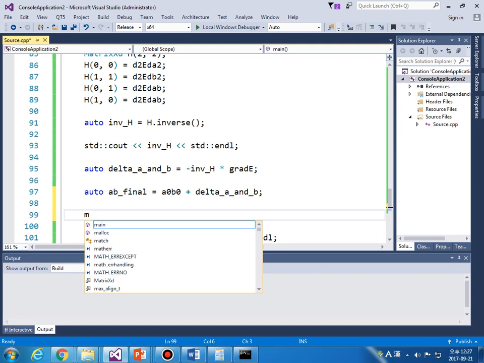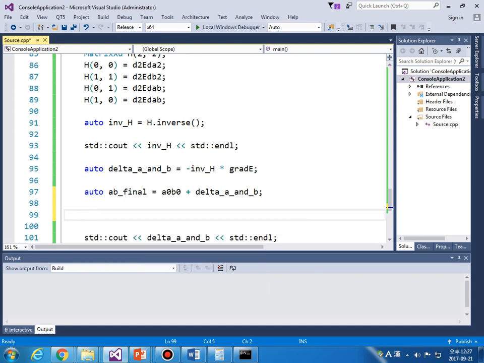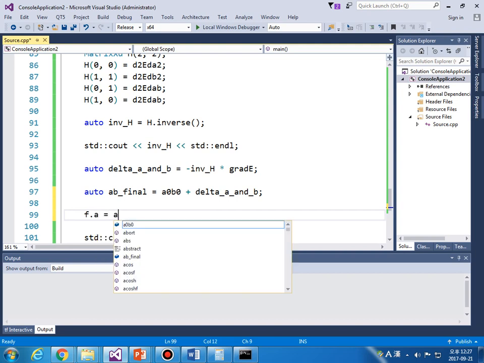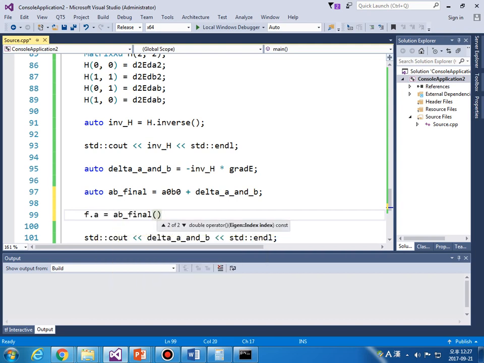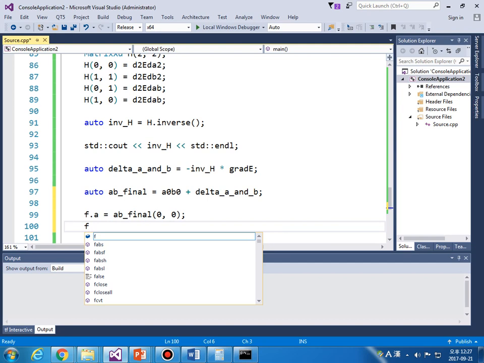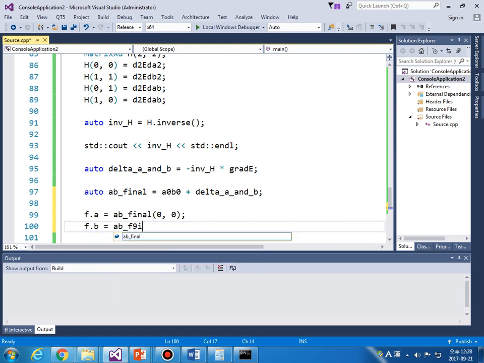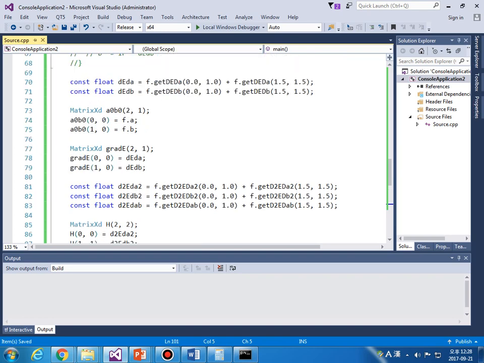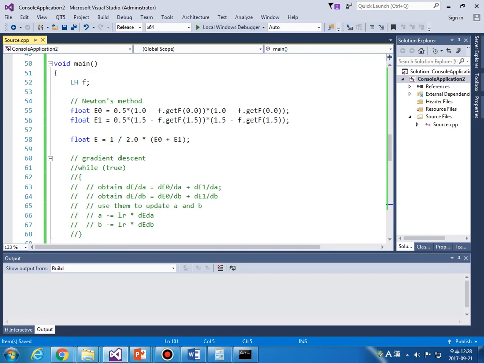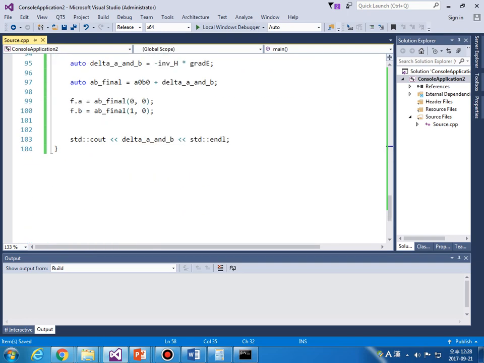So let's use the coefficient found here. So F dot A is AB final 0, f.b 0. Okay, and compute error one more time, right? Compute errors.